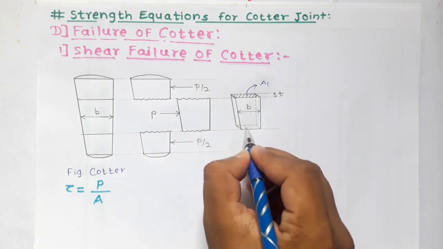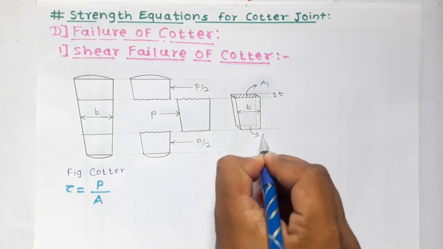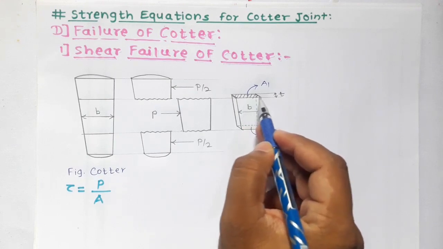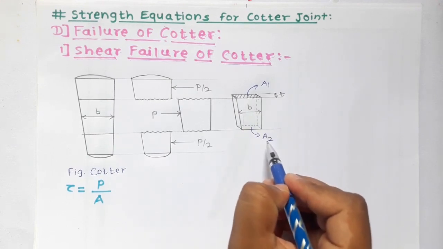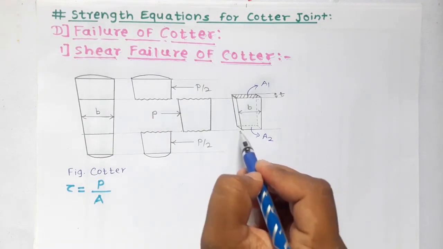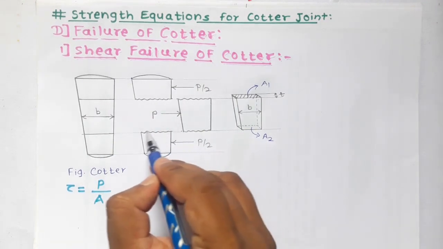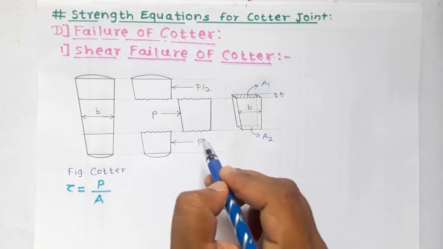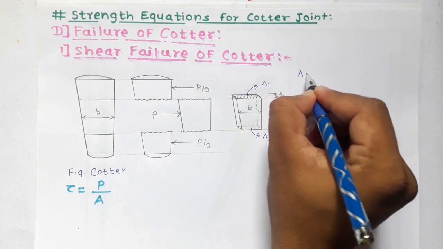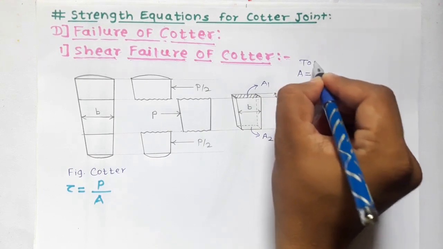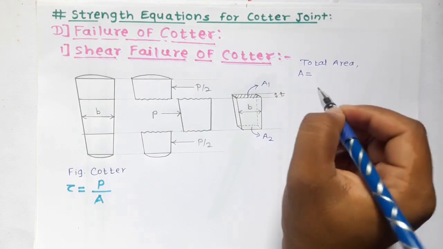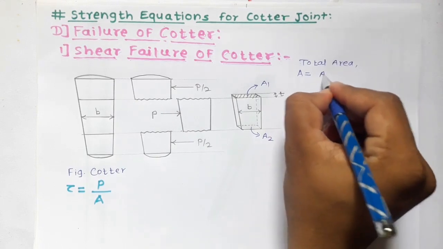Similarly, this is the bottom area which is exactly opposite to this area A1, and it is denoted by A2. This area A2 is the area subjected to shear stress which corresponds to the second plane of shear failure. So we have to add these areas A1 and A2 to get the total area. Therefore the total area subjected to shear stress is given by A is equal to A1 plus A2.